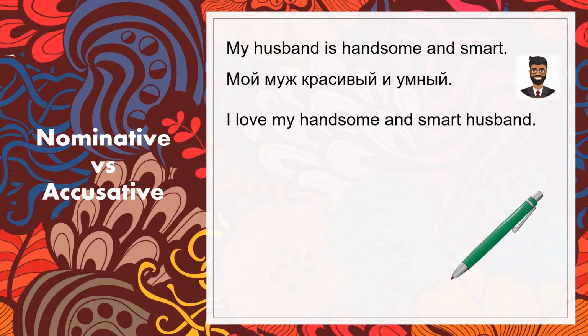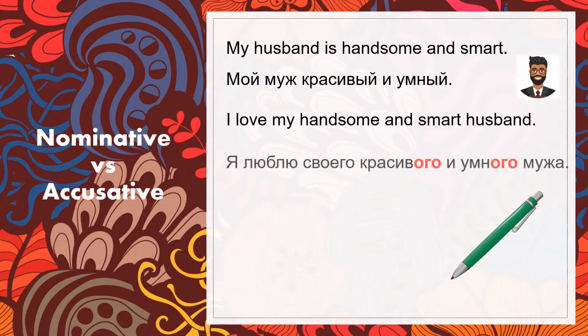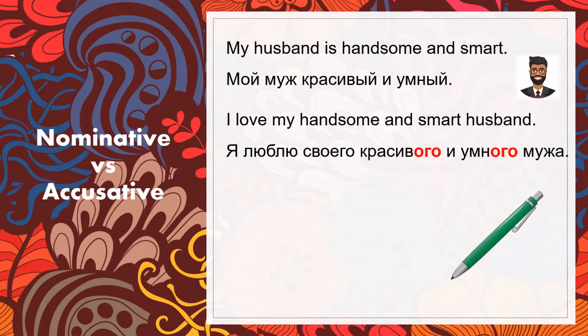Now, I is the subject. It's the person doing the action, doing the loving, okay? And the husband becomes the object of the sentence. So, handsome and smart husband is going to be an accusative. Я люблю своего красивого и умного мужа. Okay, since husband is male but animate, the ending is ova.